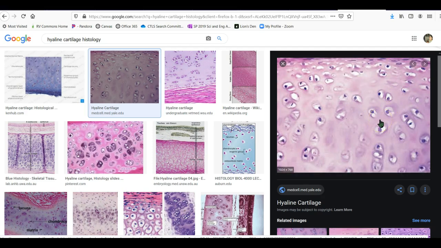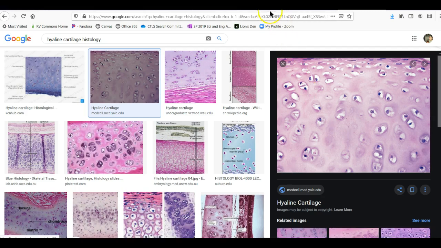The nuclei are bigger, so just looking at this image, you can see that the magnification is higher. So really do get in the habit of trying to find the nuclei and then using that to orient yourself, both to the magnification of the image and whether or not you've got a lot of cells or all of this blank space here, which would be extracellular matrix. That's going to help you interpret the image a little bit better.